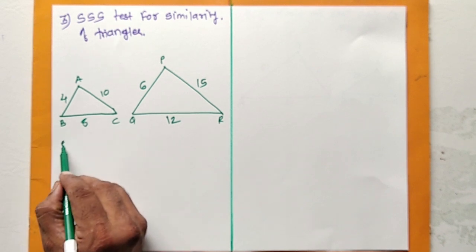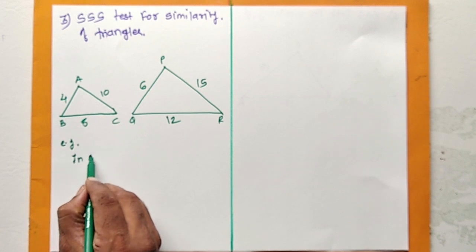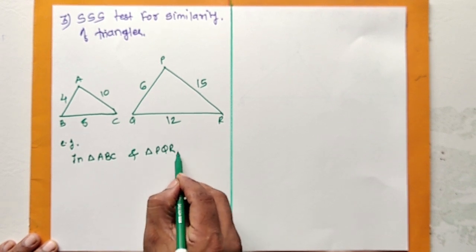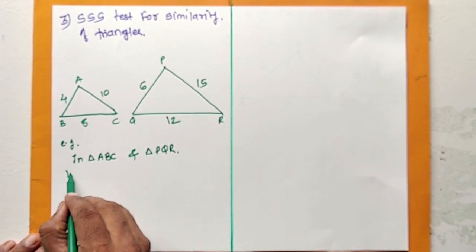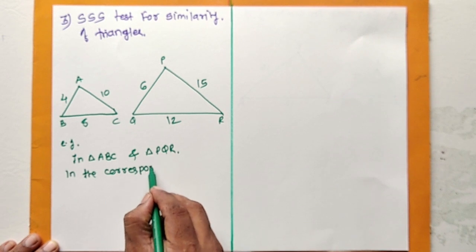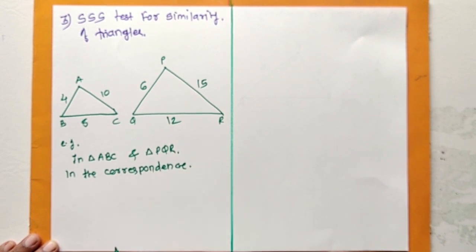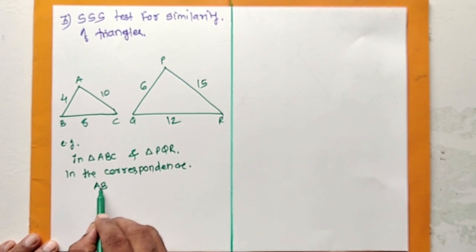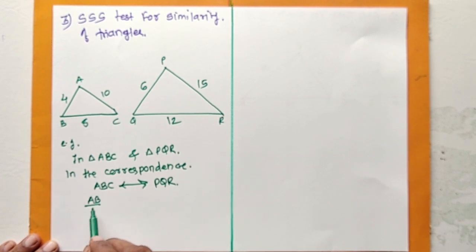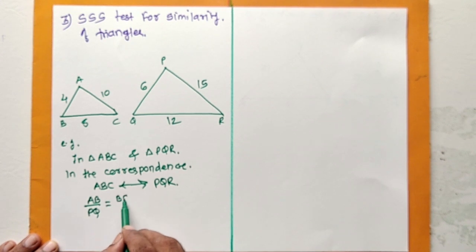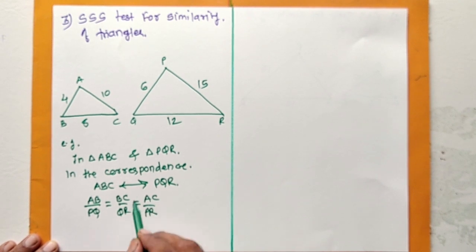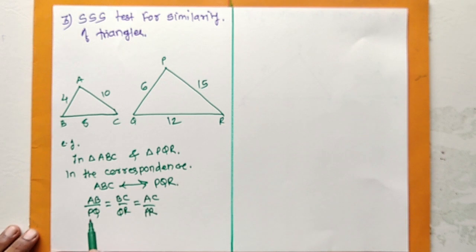For example, in triangle ABC and triangle PQR, in the correspondence ABC to PQR, their corresponding sides AB upon PQ, BC upon QR, AC upon PR are in proportion.